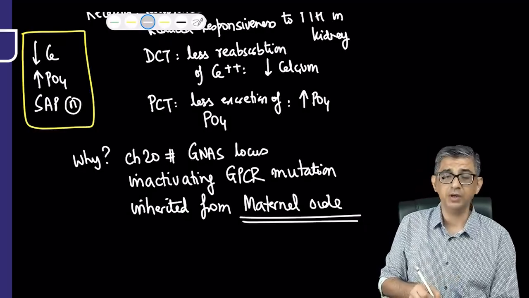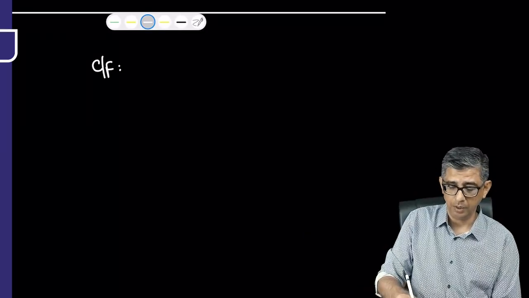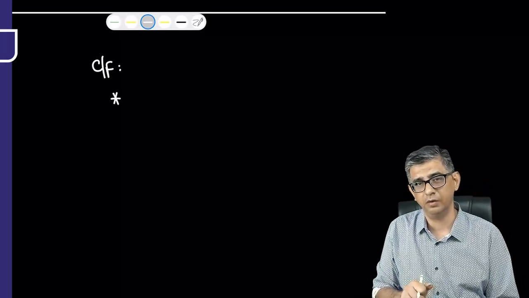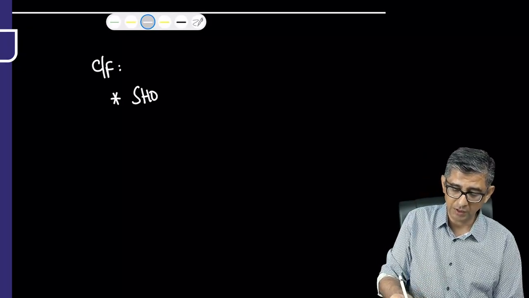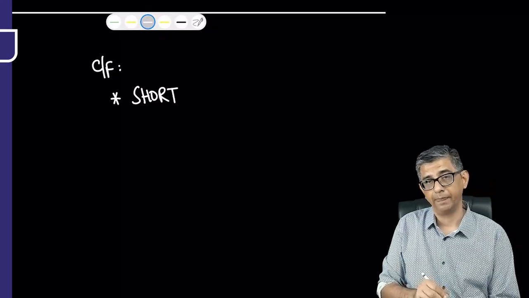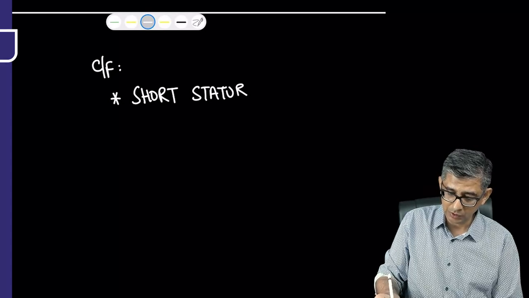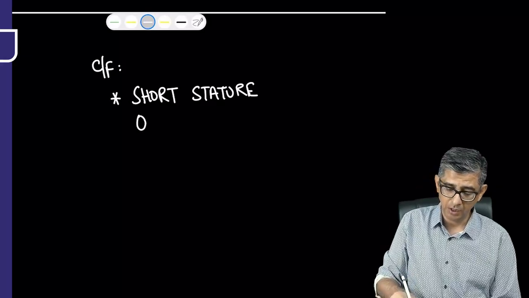Let's look at what will be the clinical features present in this patient, and if you're noting with me, just leave a line on the top for the summary of the clinical findings. You will notice that since this condition is genetically acquired, right from childhood serum calcium values are lesser, so the child's height will not increase and he will have short stature.